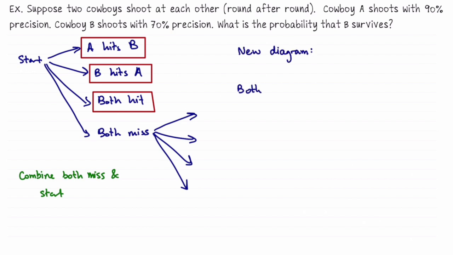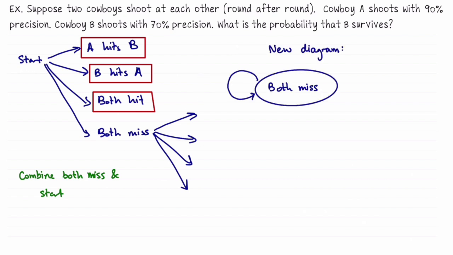Okay, so new diagram. I'm going to call this first state, I'm going to draw both miss. Doesn't exactly apply for the very first round, but that's okay. It's the same area in the diagram that we're doing. And then from both miss, they could keep missing. So that's one arrow. Let me scoot this over to the right just to distinguish it from the diagram on the left.